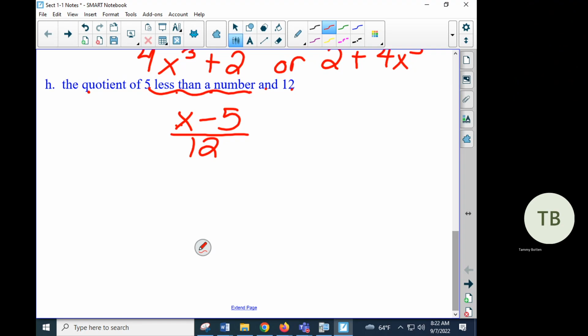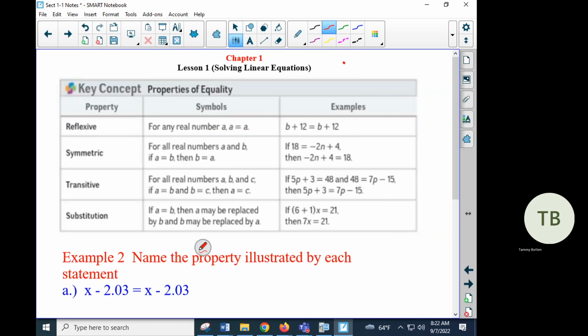Okay. All right, if we look here, these are some properties that you would have learned in geometry, and we are just going to go over these again. First of all, reflexive is any time something equals itself.